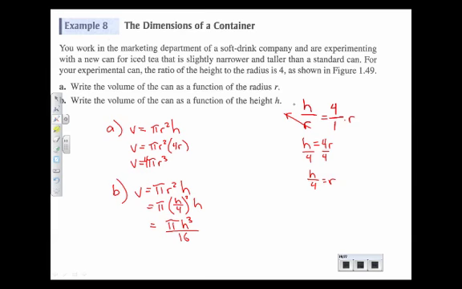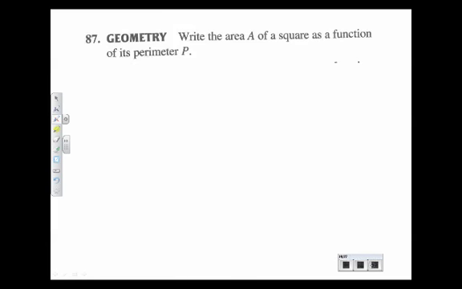All right, let's see if you can come up with this answer on your own for problem 87. Write the area of a square as a function of its perimeter, p. All right, let's get a couple of things here. Area is length times width, and since it's a square, length squared or base squared, anything like that. In a square, perimeter is 4L, add up all 4 sides.